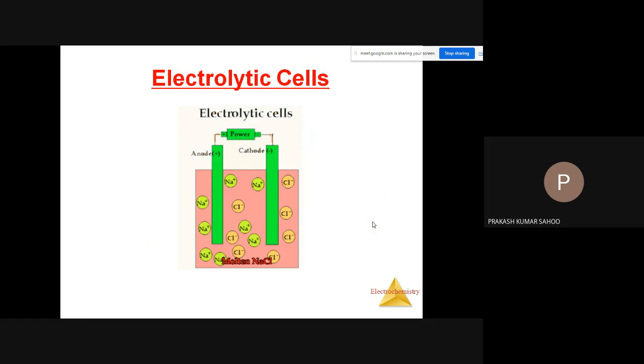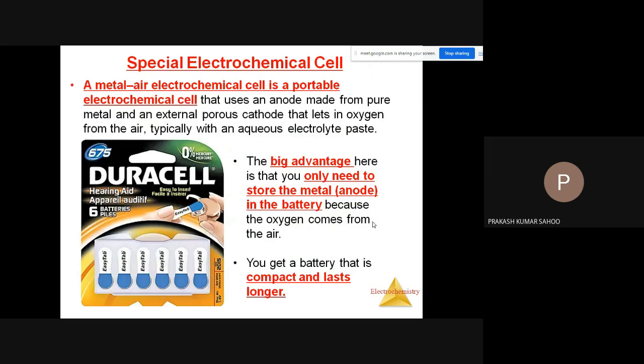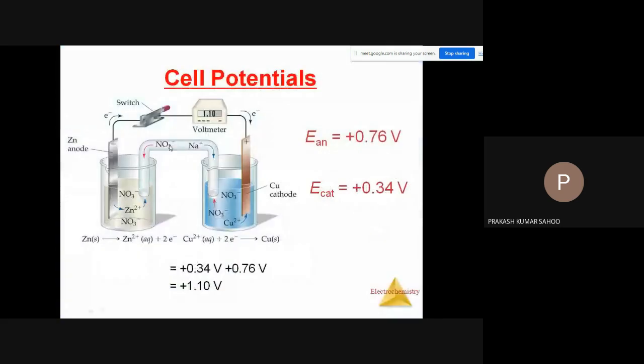The situation is when zinc gets converted to zinc 2 plus, and copper 2 plus gets converted to solid copper.